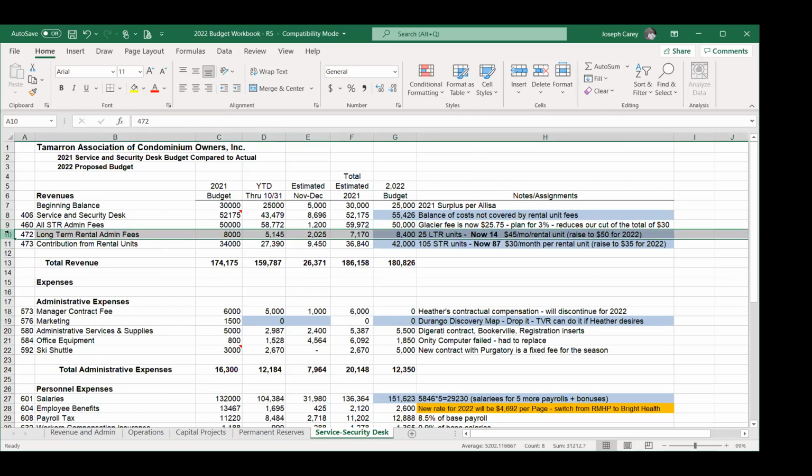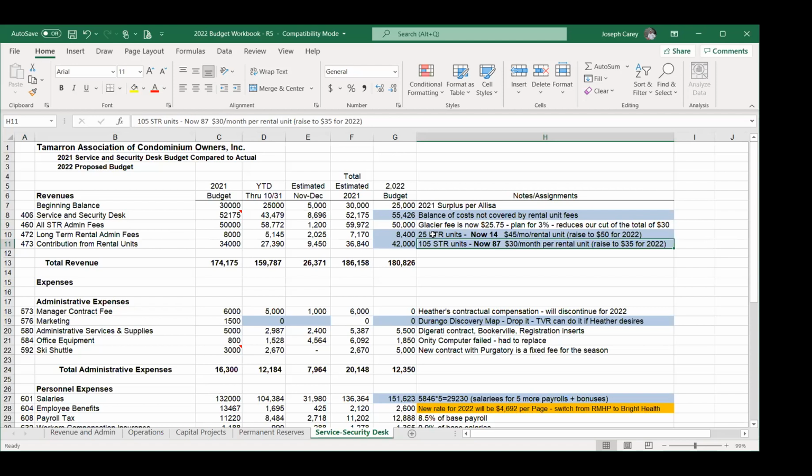We also garner a fee from long-term renters, a monthly fee. Are these numbers still good? 14 long-term renters, 87 short-term? Yes. And then I did ask the board to consider increasing the long-term renter and the short-term renter fees, raising them to $50 a month and $35 a month for 2022.